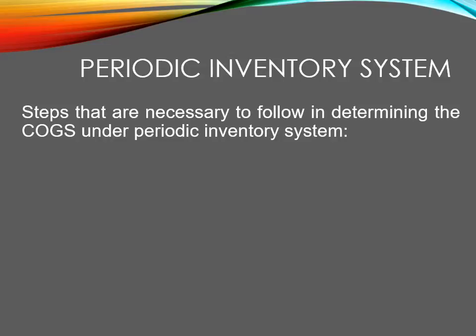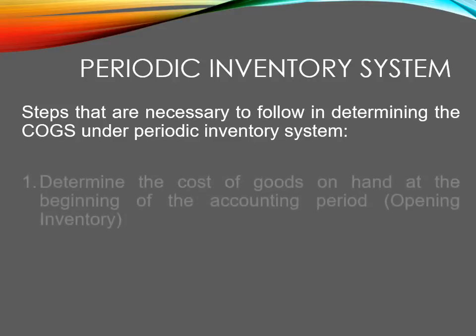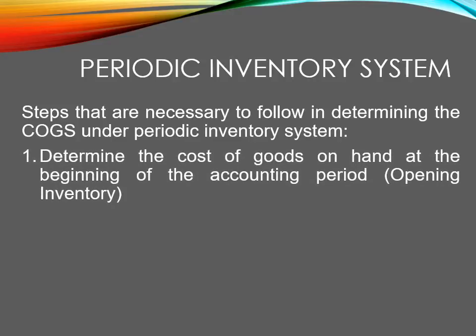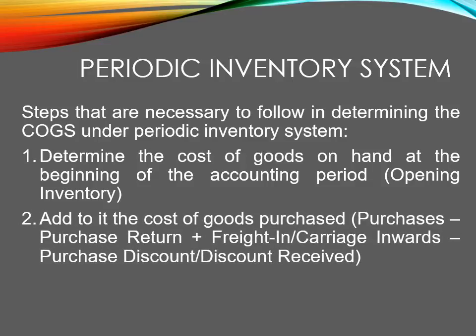When you adopt the periodic inventory system, these are the steps necessary in determining the cost of goods sold. You will determine the cost of goods on hand at the beginning of the accounting period, meaning the value of opening inventory for the year, and then you add the cost of goods purchased.